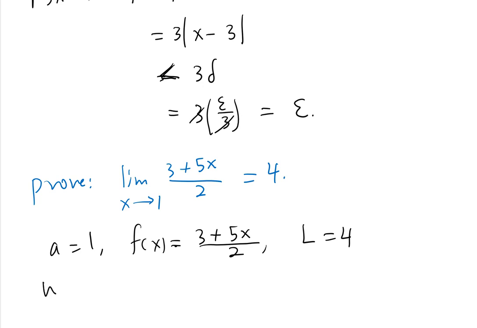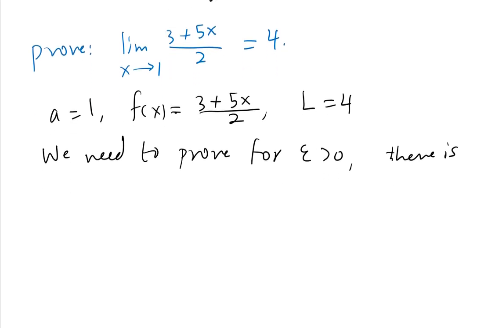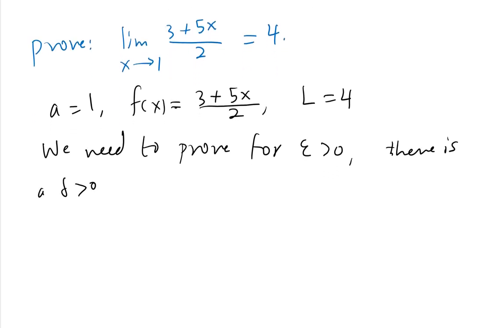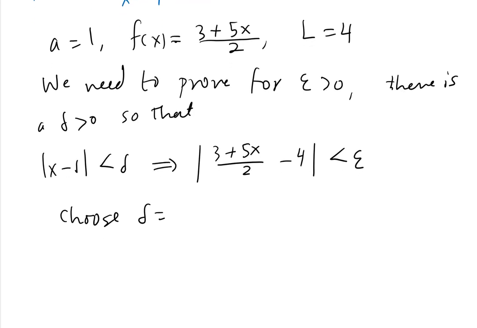What we need to do, we need to prove for epsilon bigger than 0, there is a delta bigger than 0, so that absolute value of x minus 1 less than delta implies 3 plus 5x over 2 minus 4 is less than epsilon. So again, we choose delta equals something in terms of epsilon, which we'll come back to in a minute.